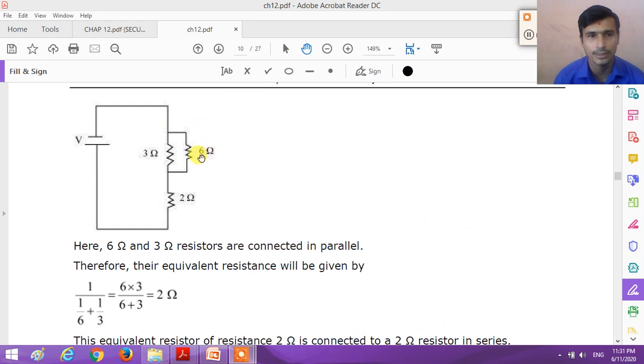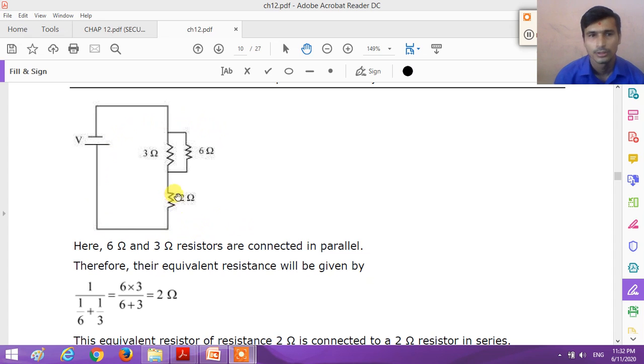So dear students, when the two resistors 3 ohm and 6 ohm are connected in parallel, and in series with the 2 ohm resistance, the equivalent resistance of this configuration is 4 ohm. So that is the answer to the first question.